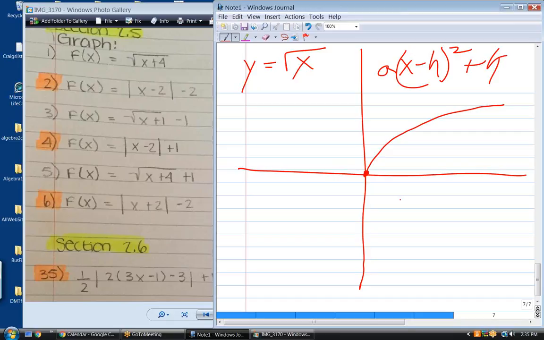Think of your conic sections: x minus h squared plus y minus k squared equals r squared or 1, depending on whether it's an ellipse or hyperbola. My point being that every time you see an x and an h, it's always subtraction going on. So the standard is x minus h, which makes h a negative 4.